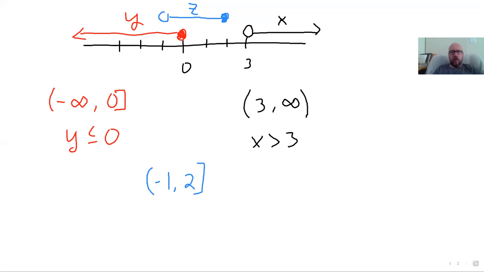Now, there is one other kind of fancy thing that you can do, which I will show you how to do as well, which is joining intervals together. So let's say I have this 0 here, 1, 2, 3, 4, 5, -1, 1, 2, 3, 4, 5.